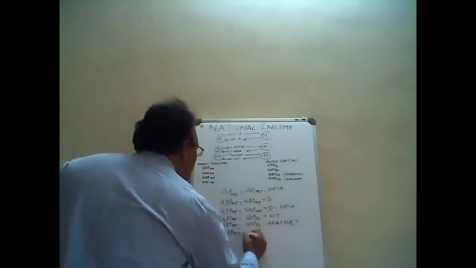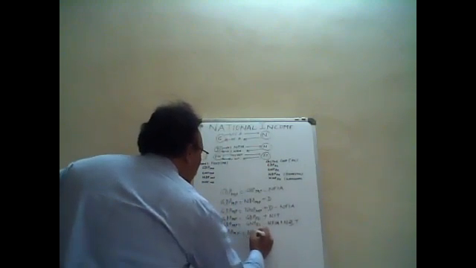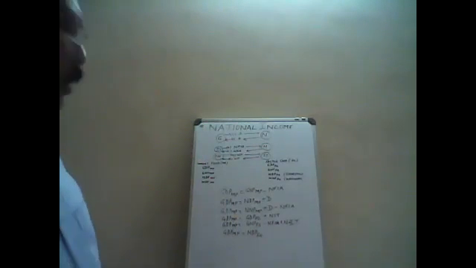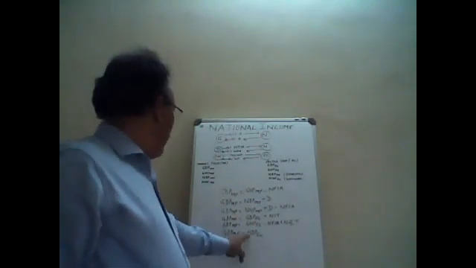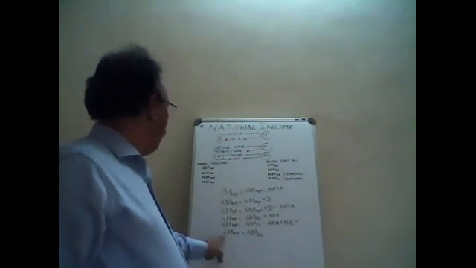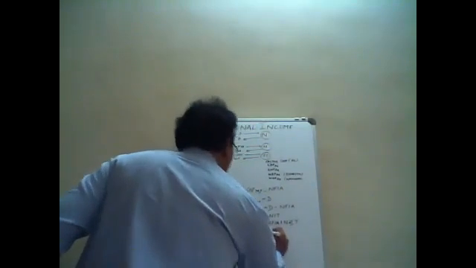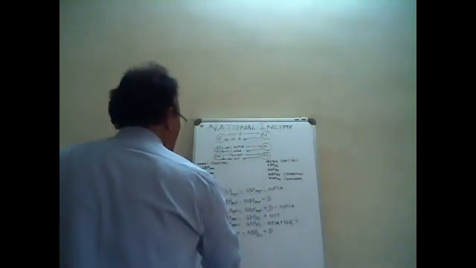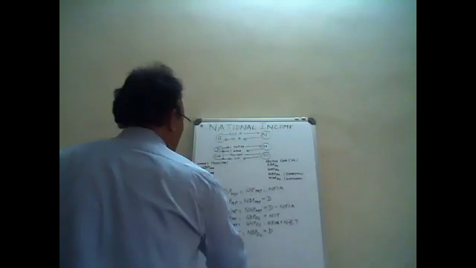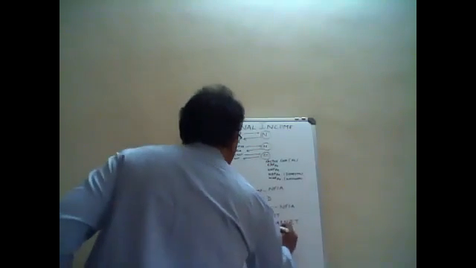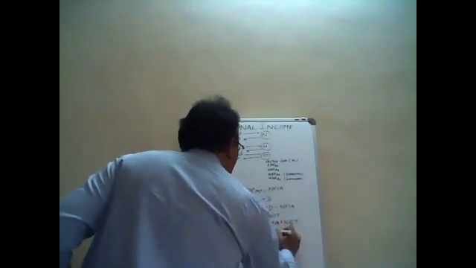NDP at factor cost is given. Okay. Now, from net to gross, we will add depreciation. Domestic, okay. Factor cost to market price, we will add NIT.